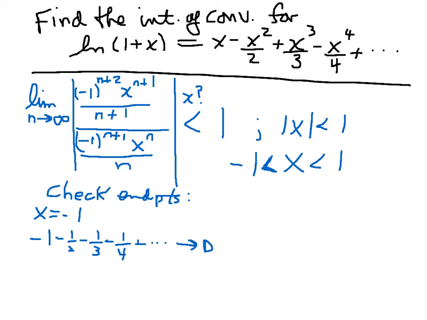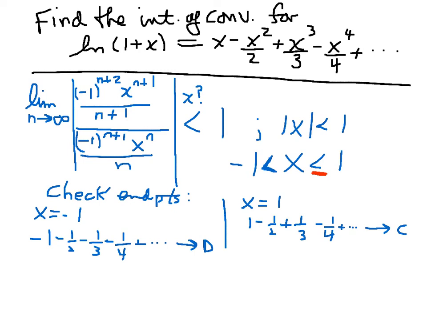How about if x is equal to 1? Then we have the series 1 minus a half plus a third, minus a fourth, and that is the alternating harmonic series, and that converges. So therefore, this also converges at 1.